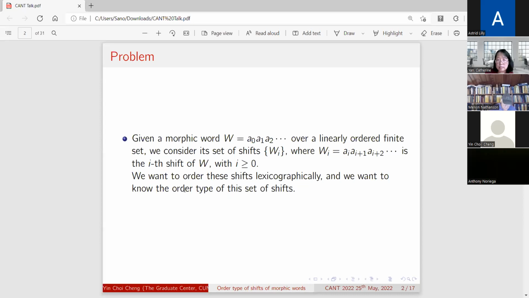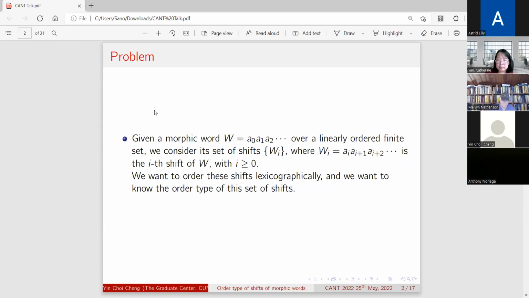In short, we have a bunch of stuff, we want to order them, and we want to see how they look like. Is the ordering the same as natural numbers or integers or rational numbers or others?